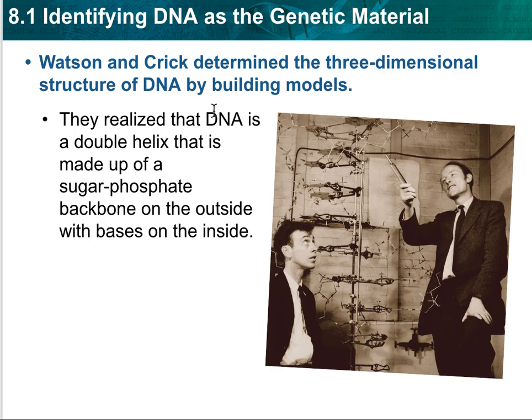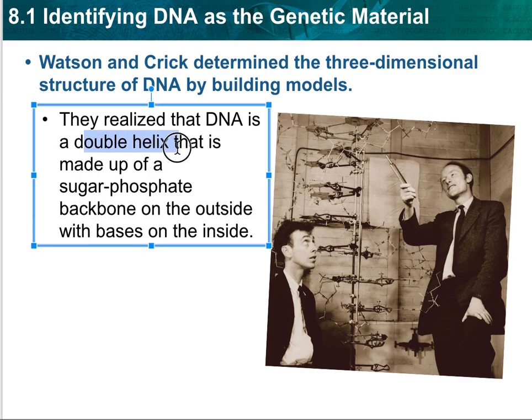But as we'll see, there's a little bit of scandalous behavior on the side of Watson and Crick. We'll get to that in a minute. So they're not totally deserving of all the credit themselves, but nonetheless, they did publish the one-page paper in the magazine Nature that described the structure of DNA. And that structure was described as a double helix.